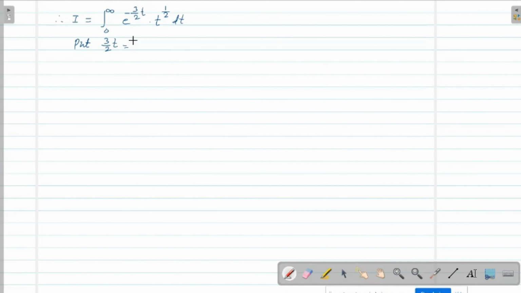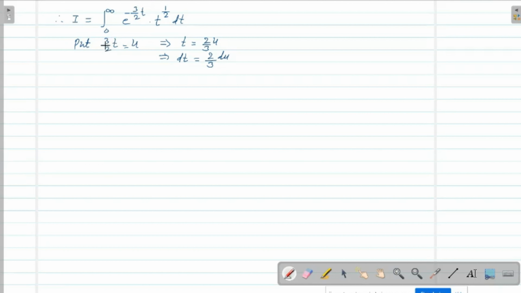Let us take u. So if you simplify this, you will get t equal to 2 by 3 u. Now differentiate this. If you differentiate, you will get dt equal to 2 by 3 du.